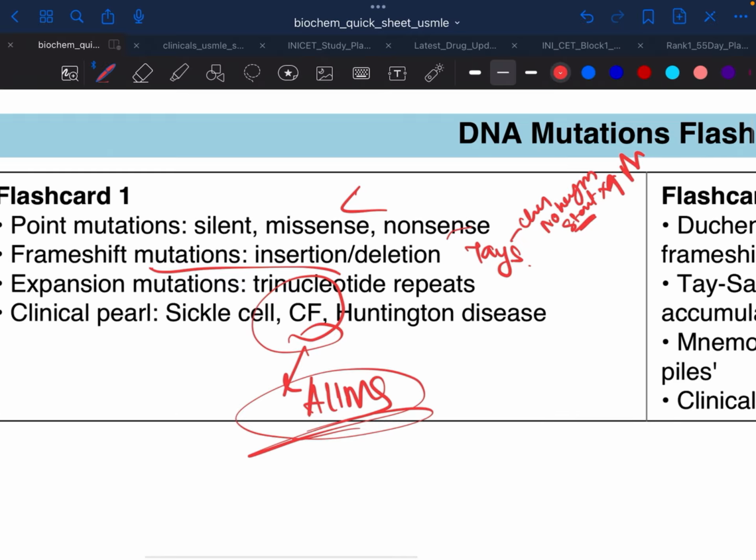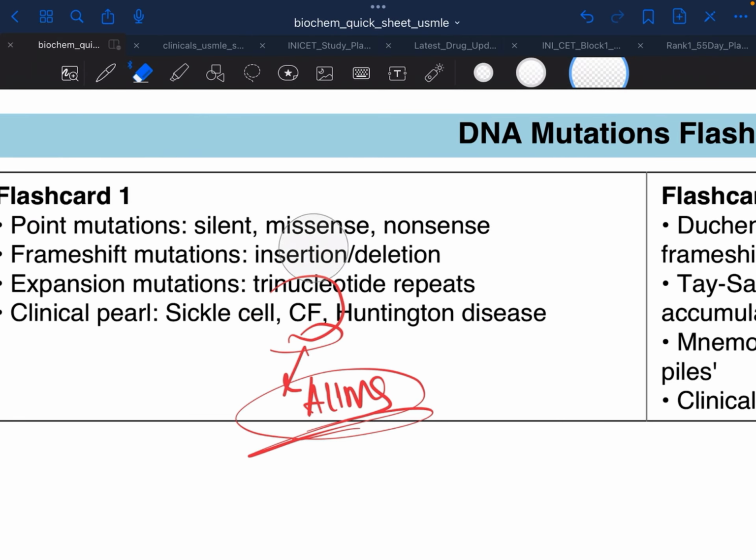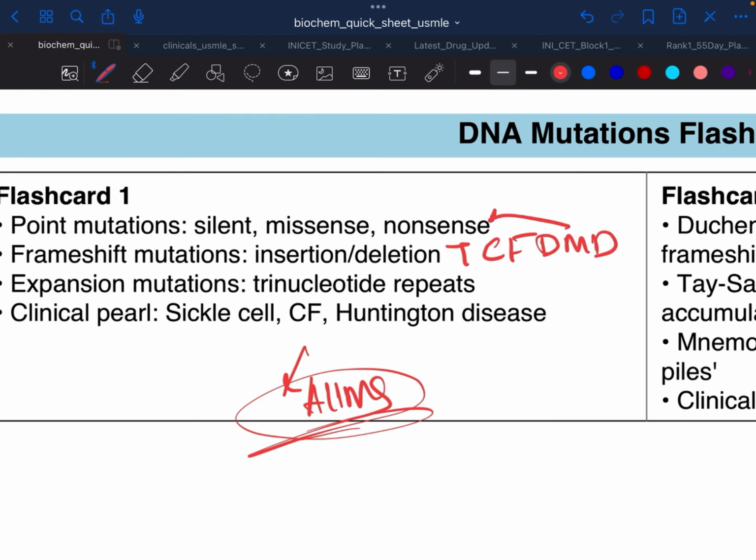Tay-Sachs can be differentiated from Niemann-Pick disease by the absence of hepatomegaly in Tay-Sachs, and it can be differentiated from Gaucher in that Gaucher has no cherry red spot. Okay, it can be present, it cannot be present, but Tay-Sachs disease is an example, cystic fibrosis is an example, and DMD is an example, and nonsense can also occur in these two.